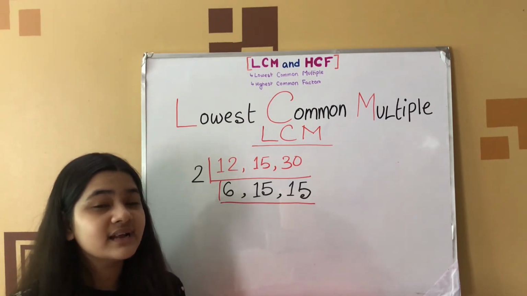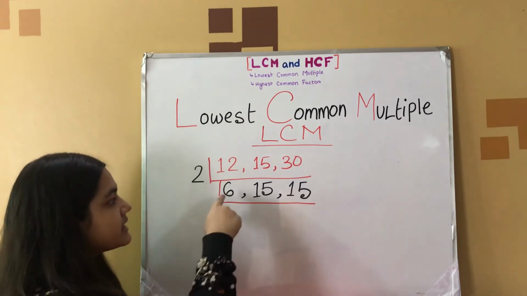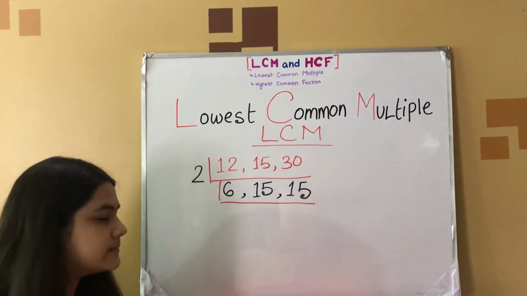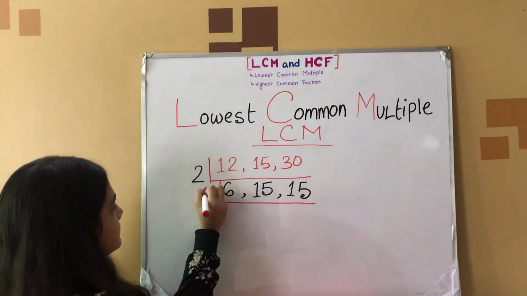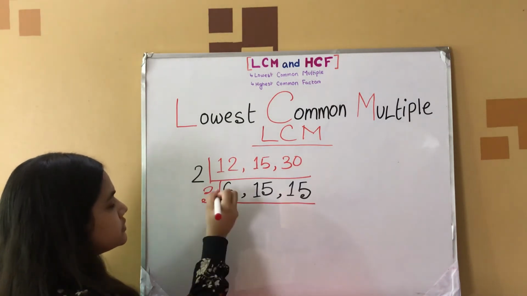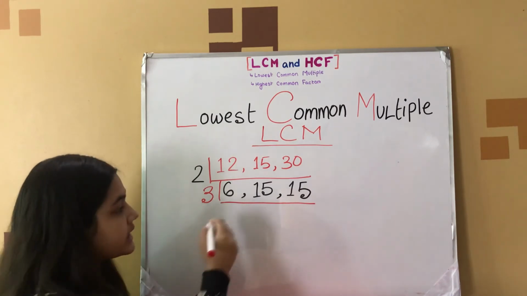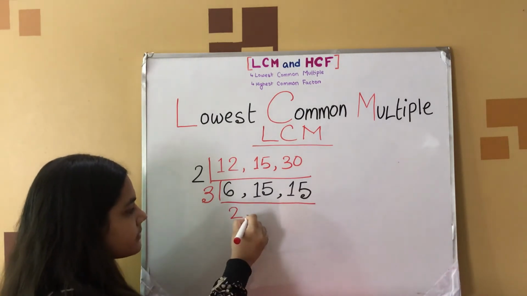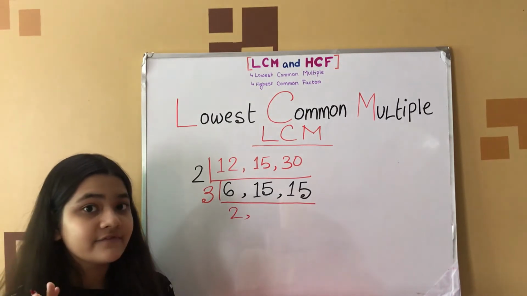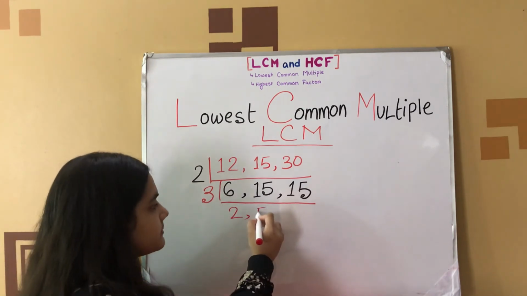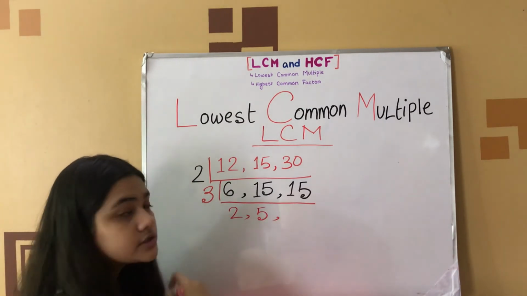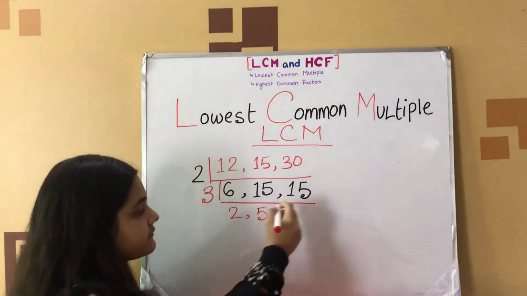So we will take 3. 3 can divide 6, 15 and 15. So let's take 3. 3 times how much is 6? 3 twos is 6. 3 fives is 15. Again 3 fives is 15.